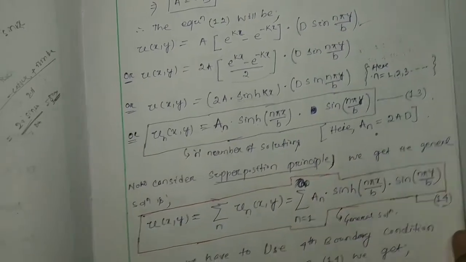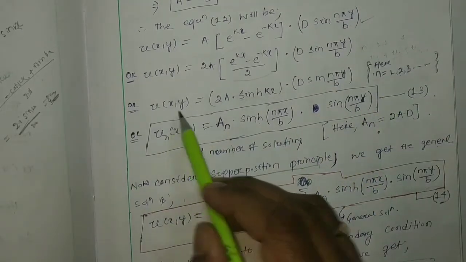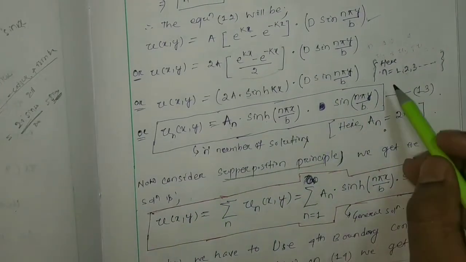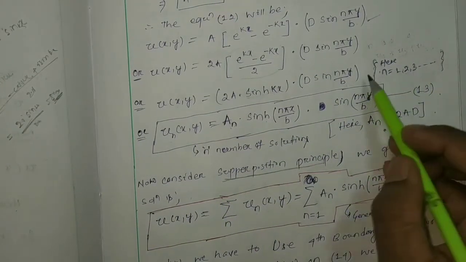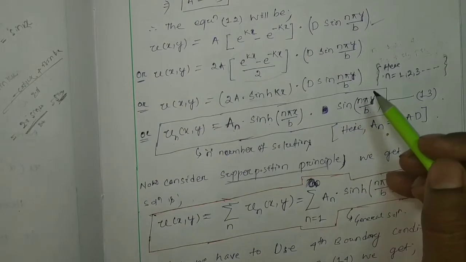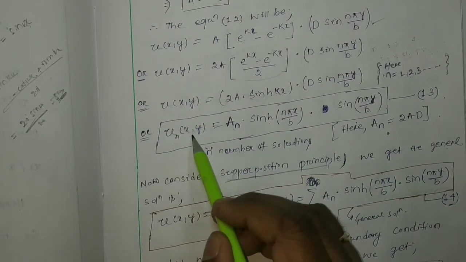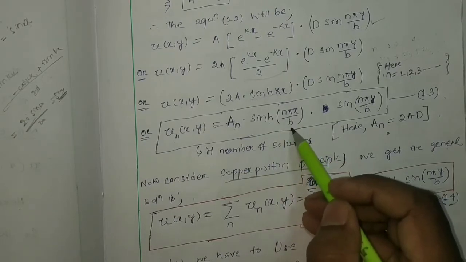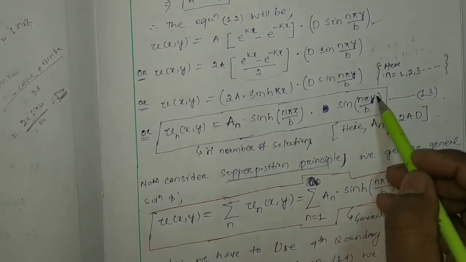As u(x,y) depends solely upon n, and for each and every n value it is giving one solution, in general we can write u_n(x,y) equal to a_n sinh(n pi x by b) into sin(n pi y by b).